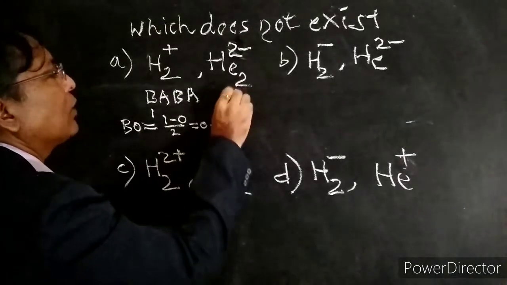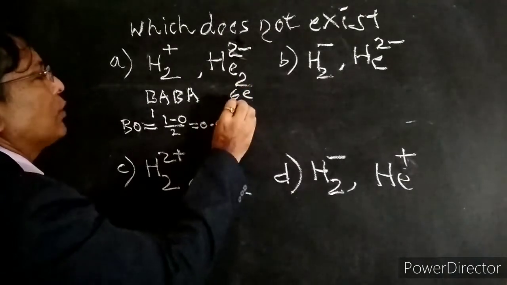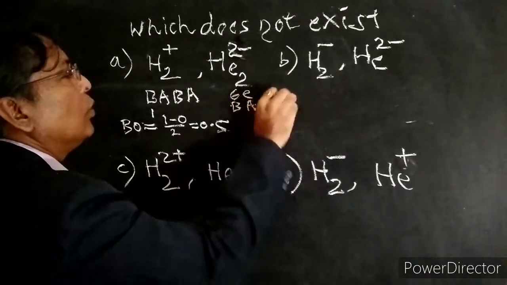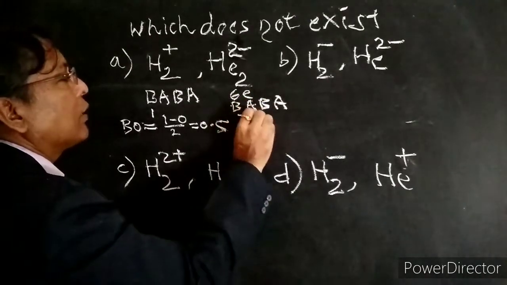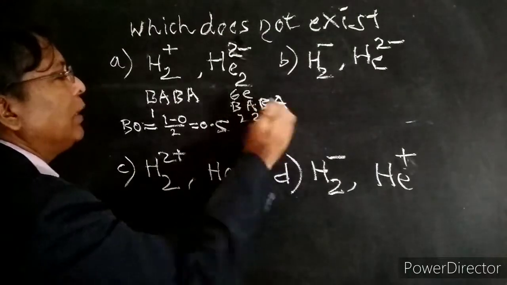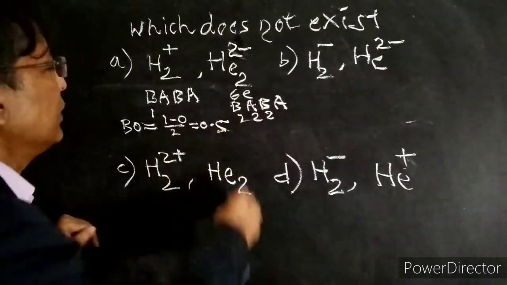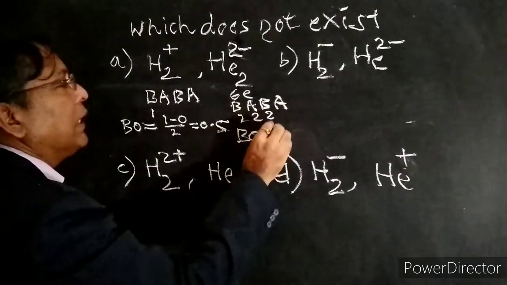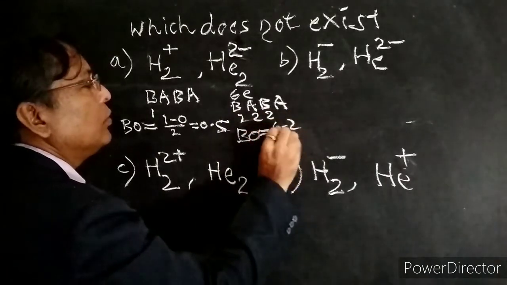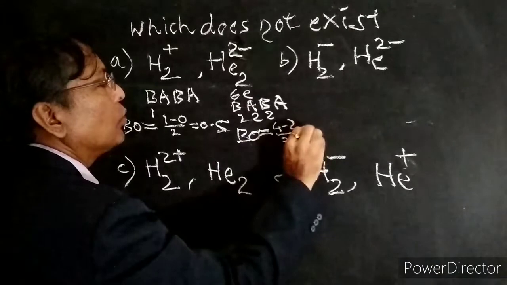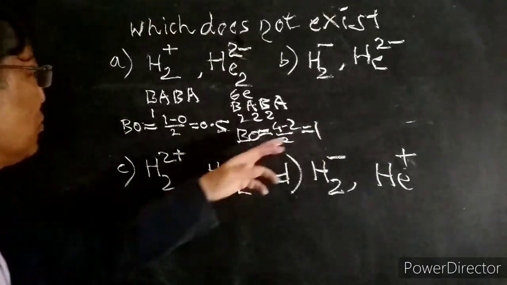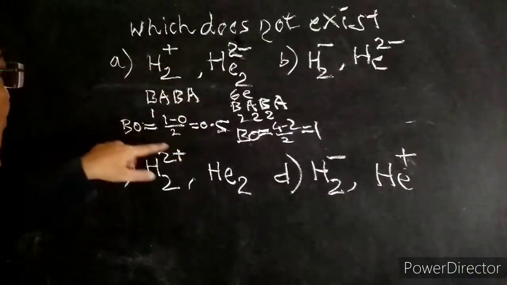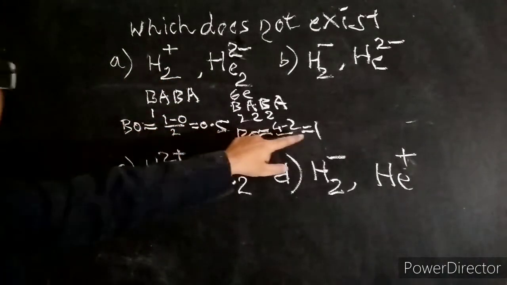Total number of electrons is 6, and 2 electrons enter into bonding, 2 electrons enter into anti-bonding, and the remaining 2 electrons enter into bonding. Therefore bond order equals total number of bonding electrons 4 minus 2, divided by 2, that is equal to 2 upon 2. Therefore bond order is 1. So these molecules have bond order 0.5 and 1.